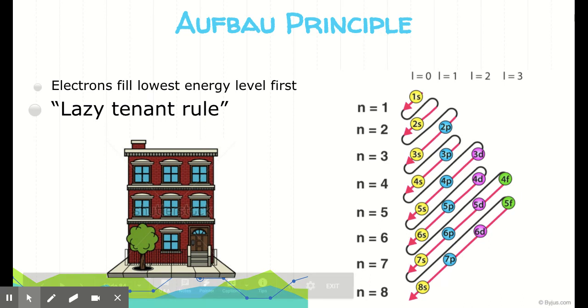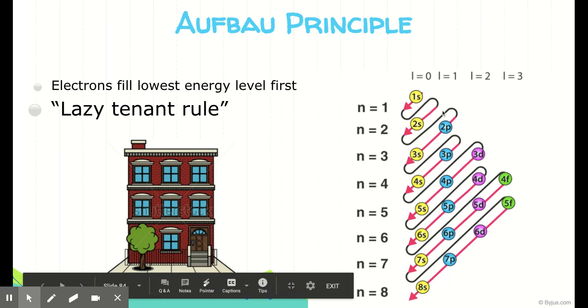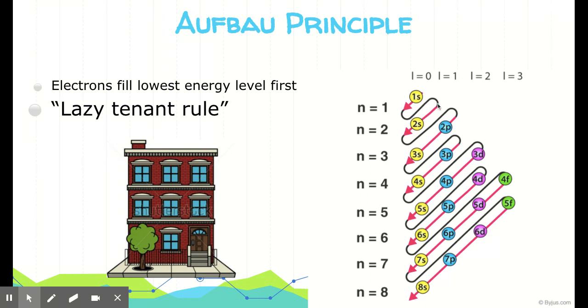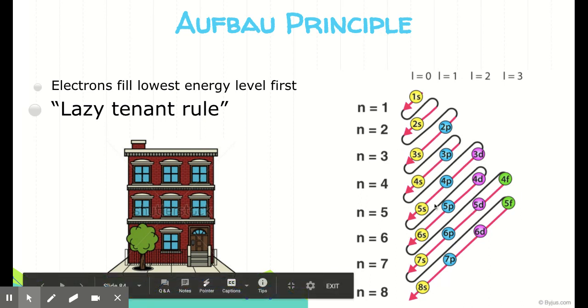So if you look at this crazy looking chart here on the right side, this is the order that you will be writing out your electron configuration. So notice how these numbers increase as you go down. So this would be your first ring, okay? Your second ring, your third ring, your fourth ring, fifth ring, sixth ring.